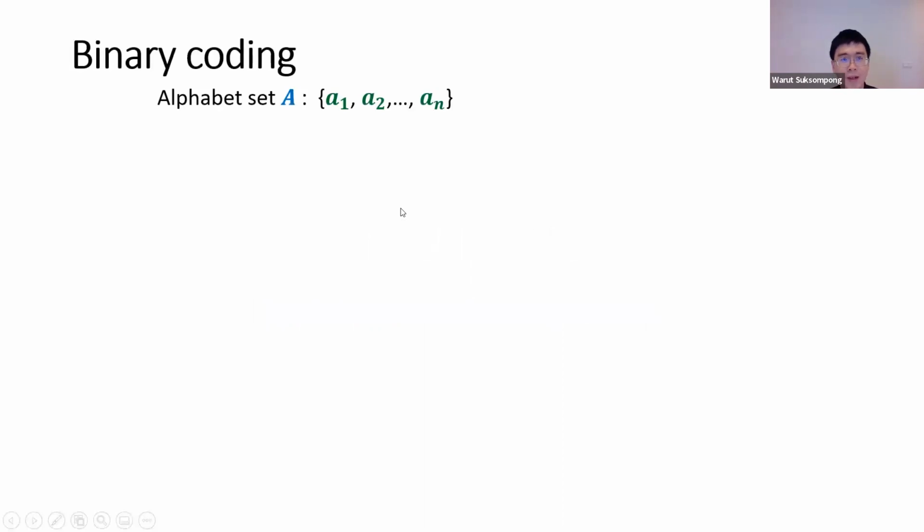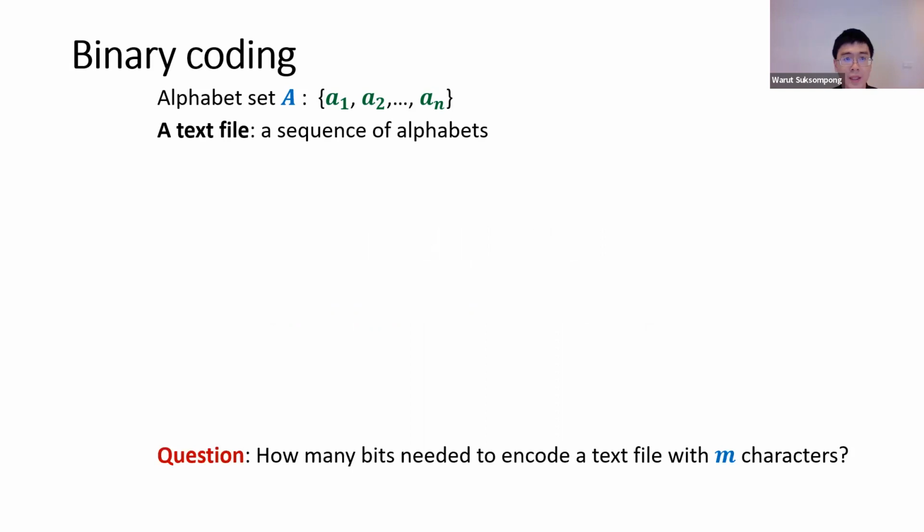The setting is you have an alphabet set A1 through AN. This could be like English characters, like A, B, C, D, E, things like that. And then you have a text file, which is just a sequence of alphabet characters. This is not your normal text file. And you want to encode this using a small number of bits.